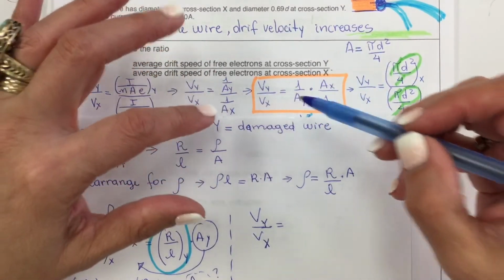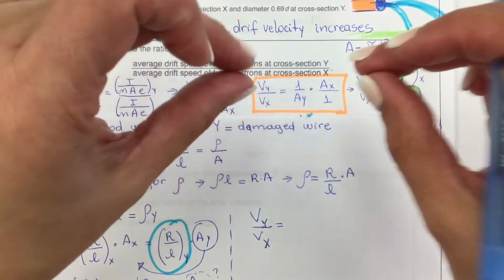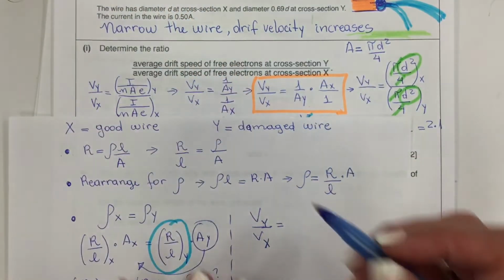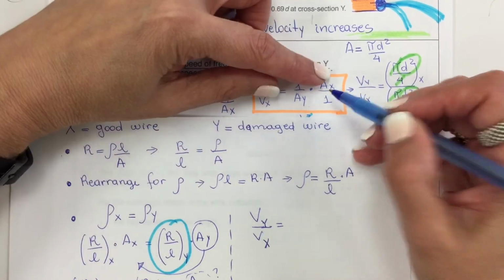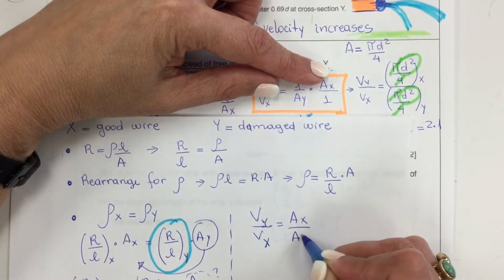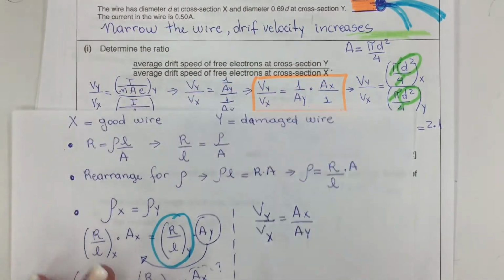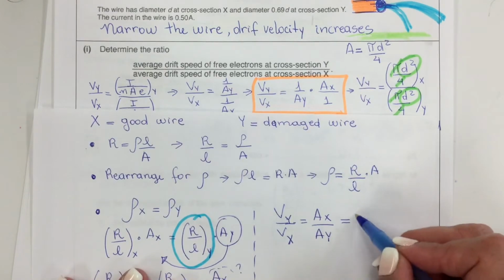Now do you remember that I highlighted this section right here? So I'm going to pick up from here to show you something. So Vy over Vx is equal to Ax over Ay, and we know this is 2.1.